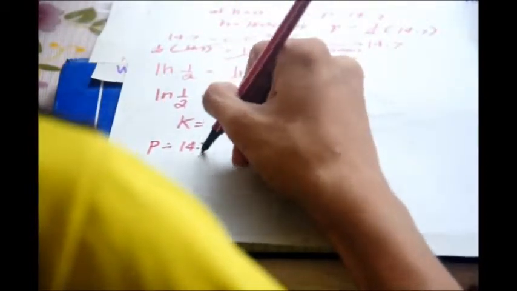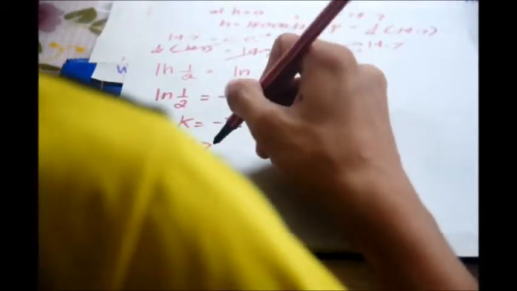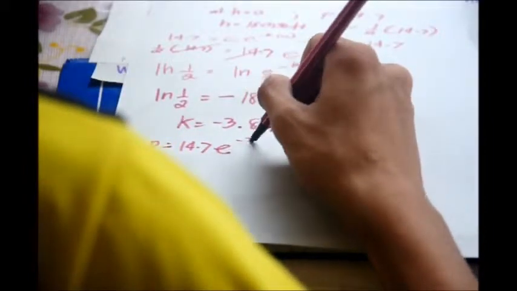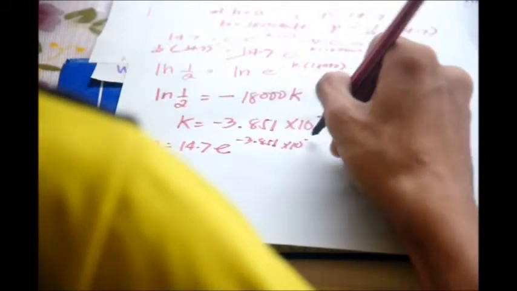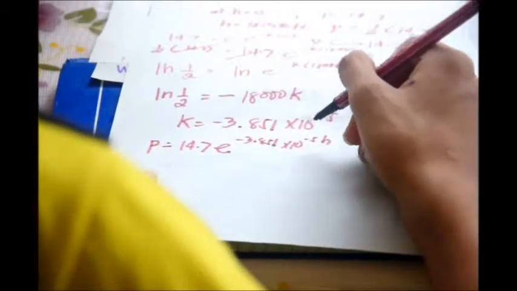So hence, P equals 14.7 e to the negative 3.851 times 10 to the negative 5 h.